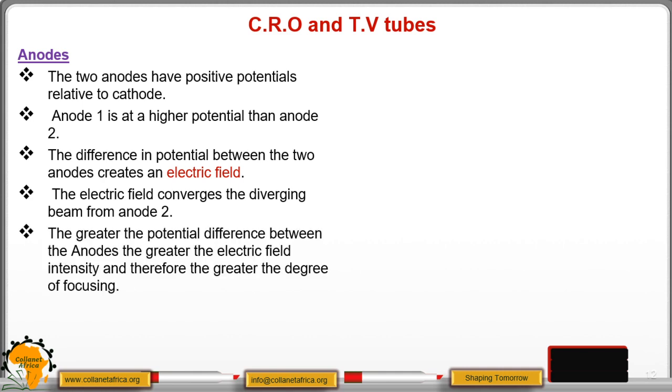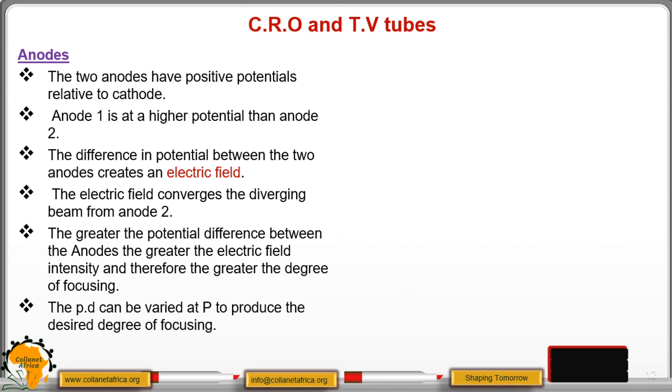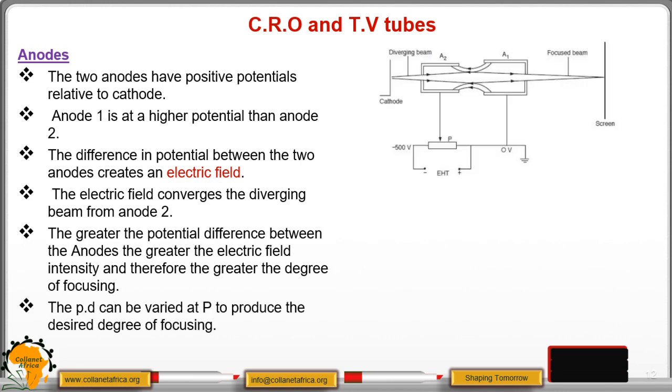The greater the potential difference between the anodes, the greater the electric field, and therefore the greater the degree of focusing. As you can see in our diagram, anode 1 is at a higher potential than anode 2, so the potential difference here creates the electric field.